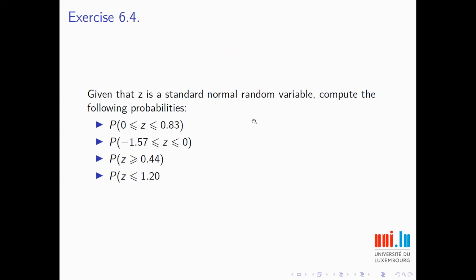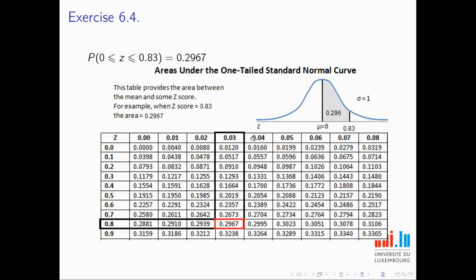Okay, so here we have to calculate the probability. So let's do it. As I told you when we calculated probabilities for the uniform distribution, the normal density function is not as trivial as for the uniform distribution, and sometimes it's not very easy to calculate these areas. That's why we resort to using the tables for the normal distribution.